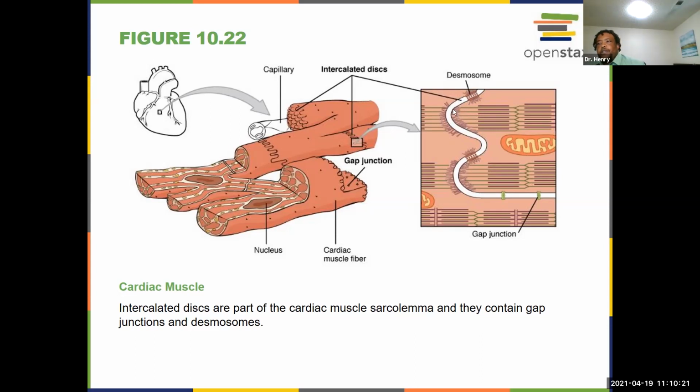Basically this is going to be the sarcomere, and then also the gap junctions between the two muscle cells. So this is one muscle cell, one muscle fiber. This is another muscle fiber. Okay.